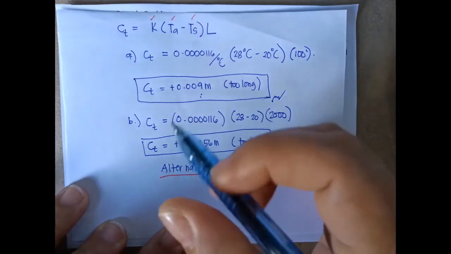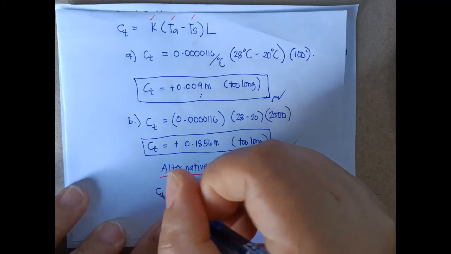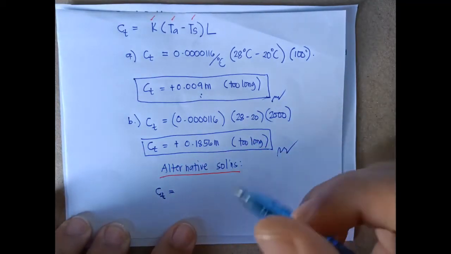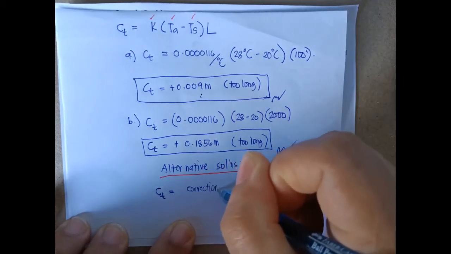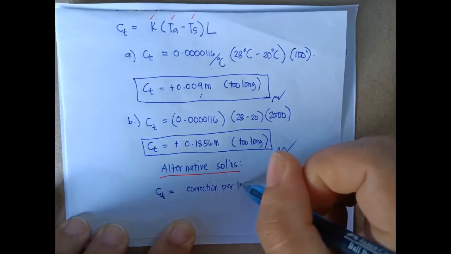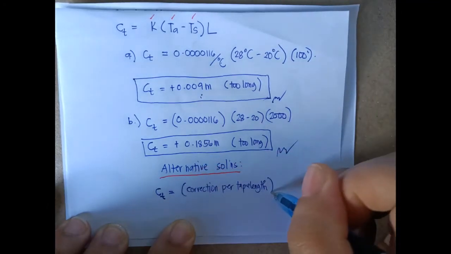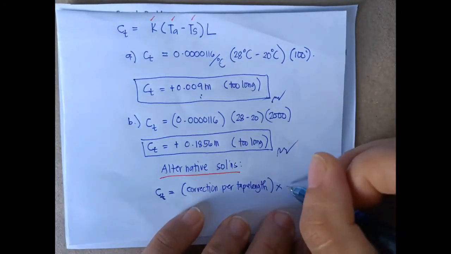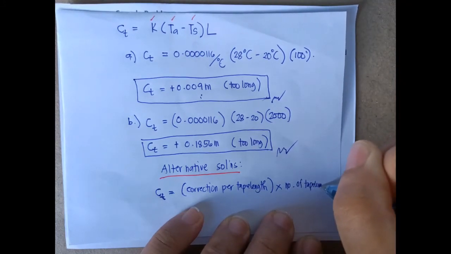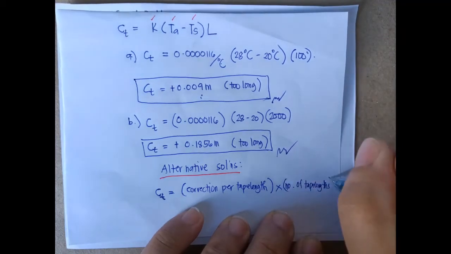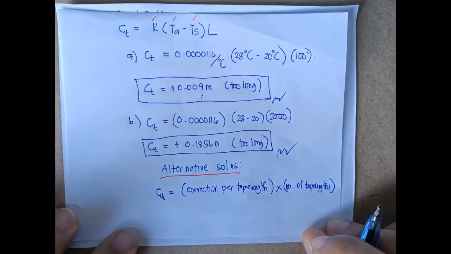If we analyze, the total correction of the distance is actually the correction per tape length multiplied by the number of tape lengths used when the distance is being measured or laid out.